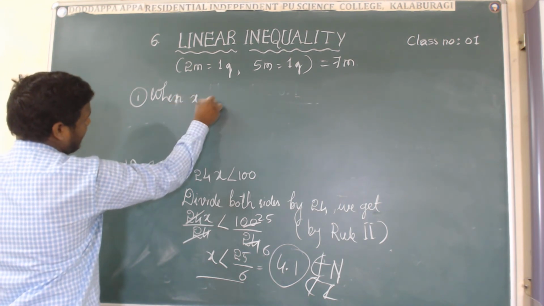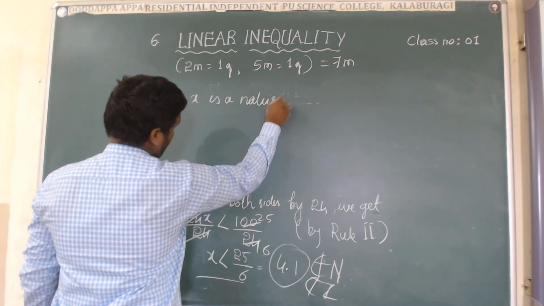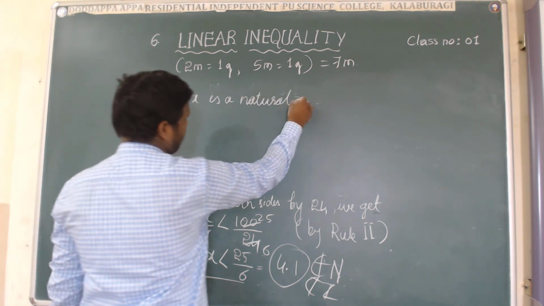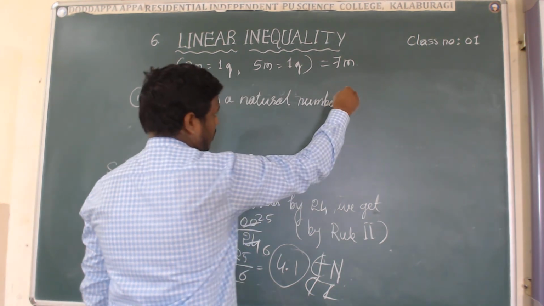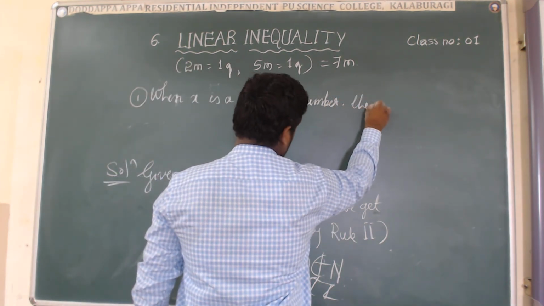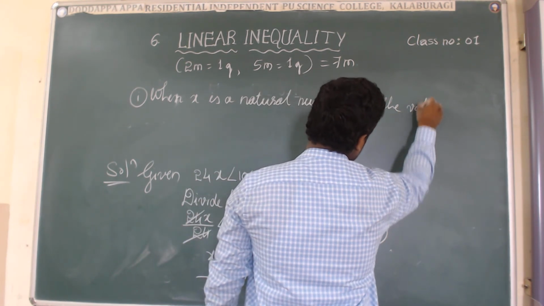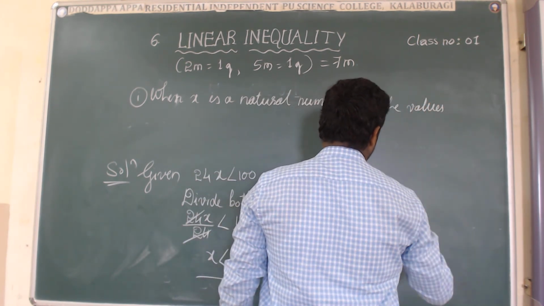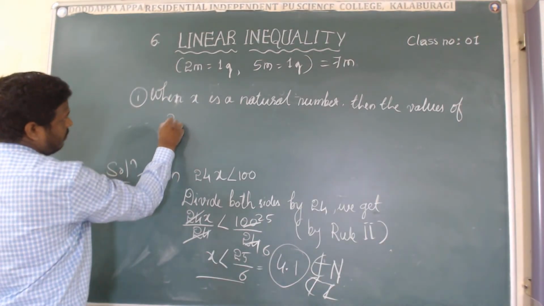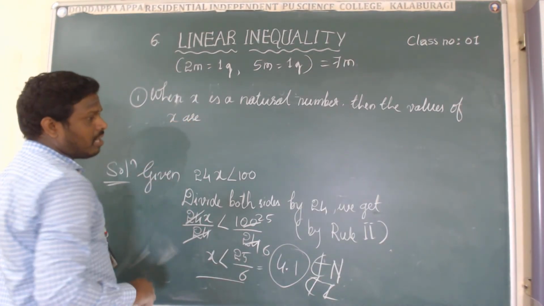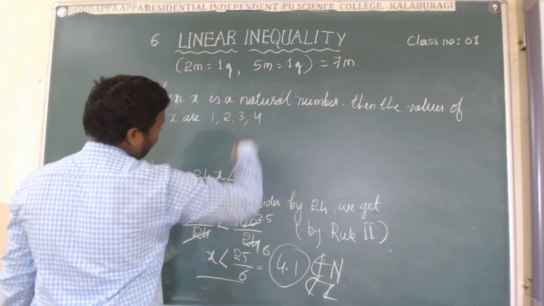Where x is a natural number. When x is a natural number, then the values of x are 1, 2, 3, 4.